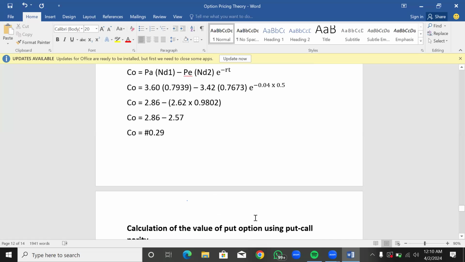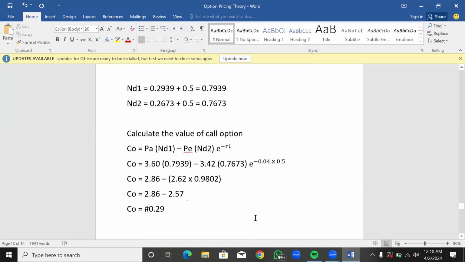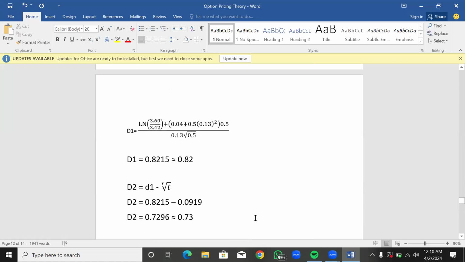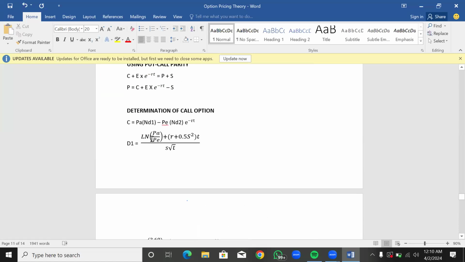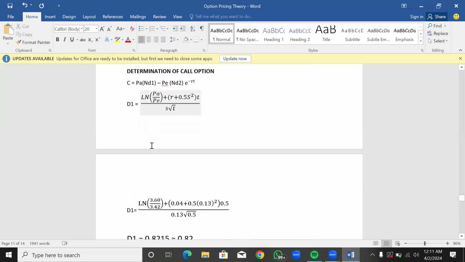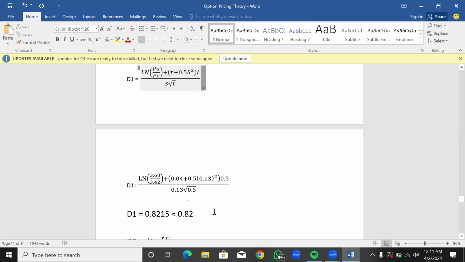I feel like this presentation is okay, but what you can do is make your work neater. You can just write determination of call option, write your formulas, go to your workings. When you are doing it in exam condition, you break it down.